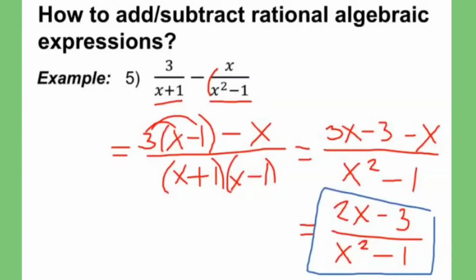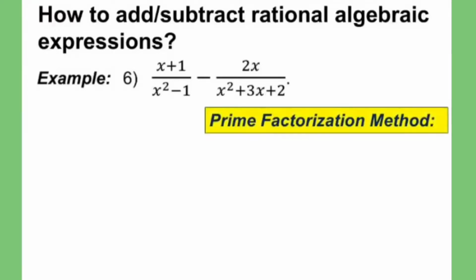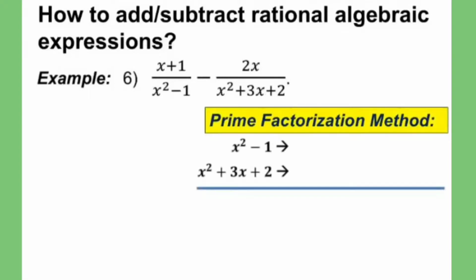And for our last example, again, first we find the LCD since we have dissimilar denominators. We use the prime factorization method and we copy the denominators x squared minus 1 and x squared plus 3x plus 2. For x squared minus 1, its factored form would be equal to x minus 1 times x plus 1.